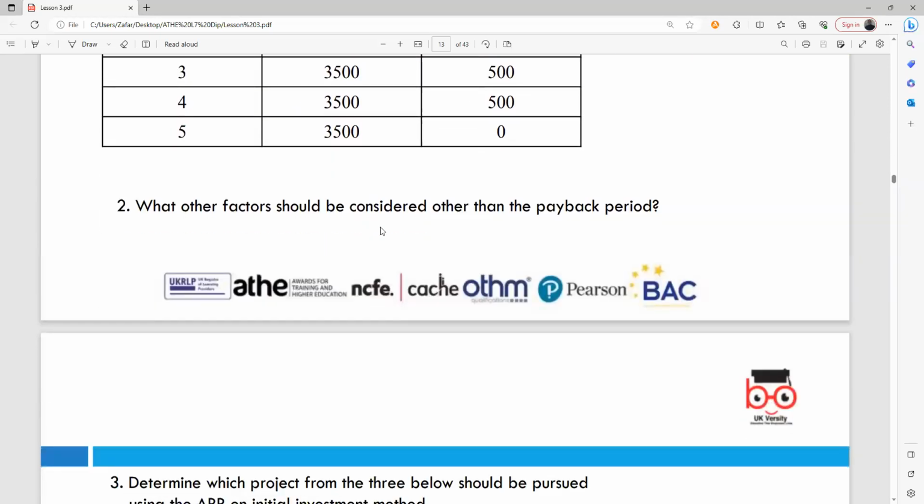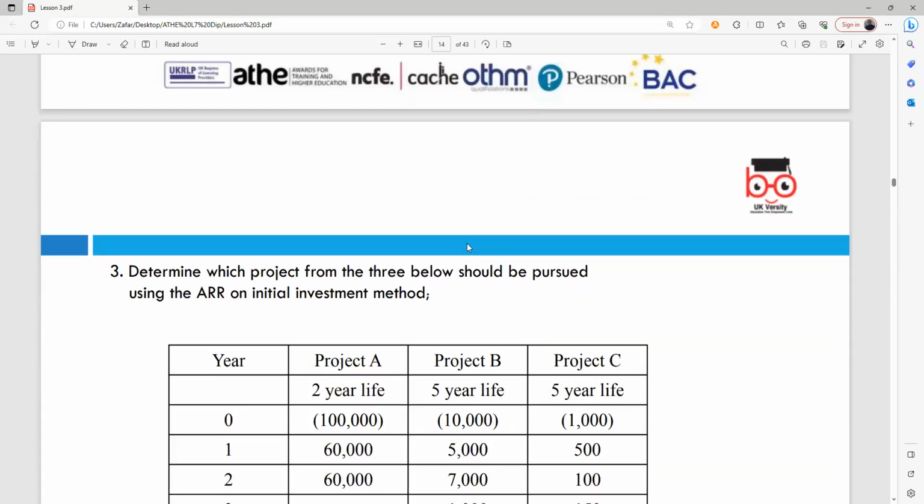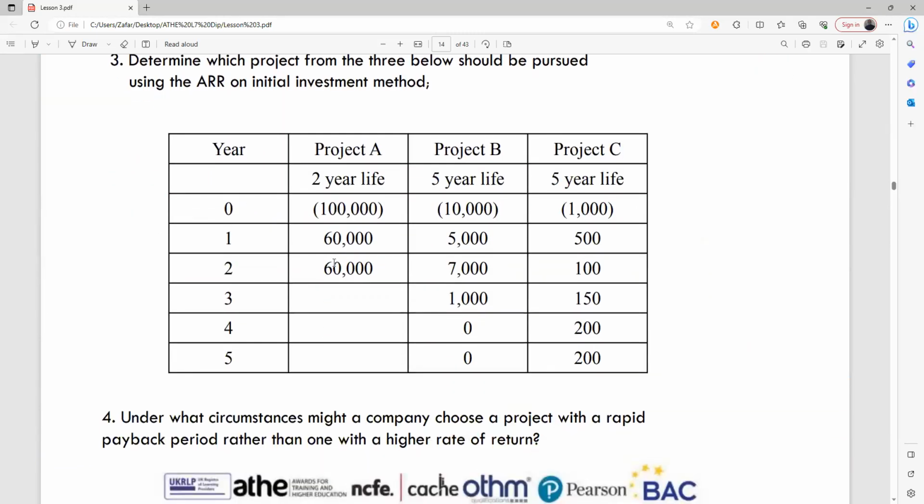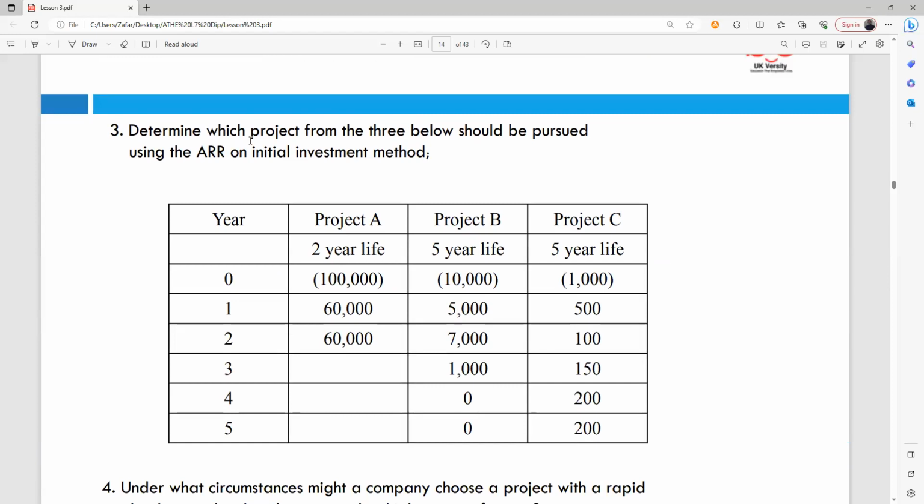What factors will you consider when looking at the payback method, i.e. the time factor or the amount of money that's giving you a quick return? You will invest in that particular project. Here the accounting rate of return, the second exercise, determine which project for 3 years should be pursued under the ARR.